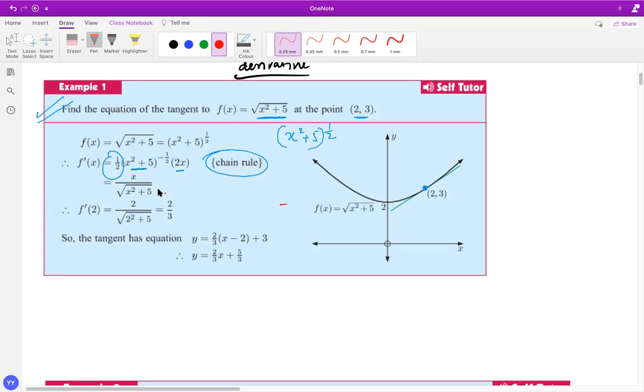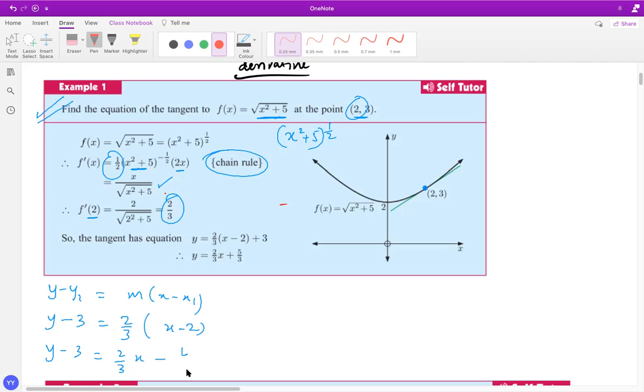So you get x over root x squared plus 5. Now you plug in x as 2, and you get the slope as 2/3. Once you have the slope, you can use y minus y1 equals m(x minus x1). So y minus 3 equals 2/3 (x minus 2), which is y minus 3 equals 2/3 x minus 4/3.